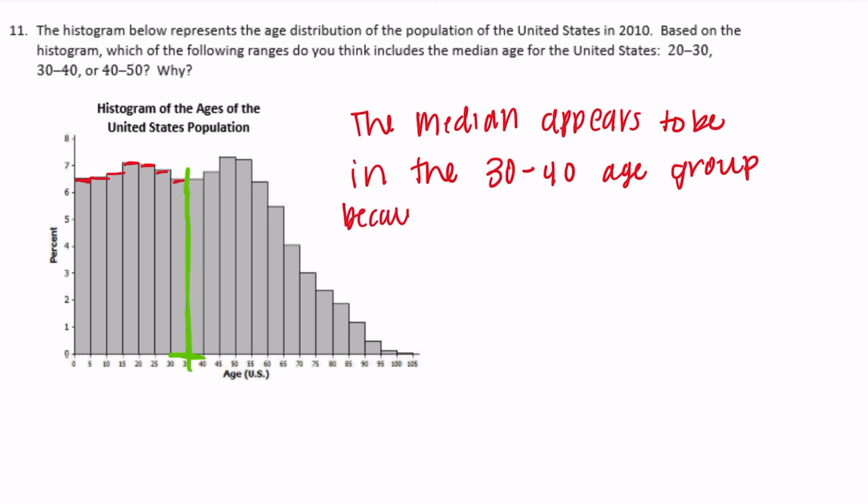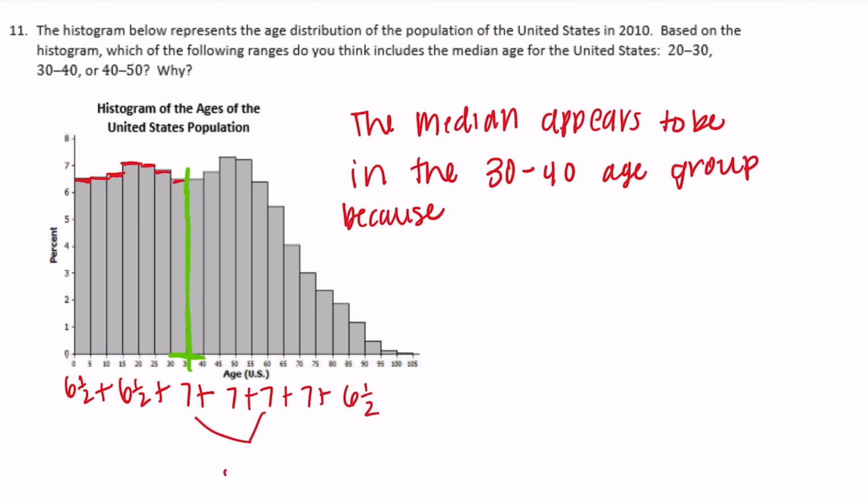So why? Well, we could add up all the percentages. So that's about 6.5 plus this one, another 6.5 plus, let's just call that 7, 7, 7, 7. So 3 sevens plus another 6.5. Let's see where that's gotten us.